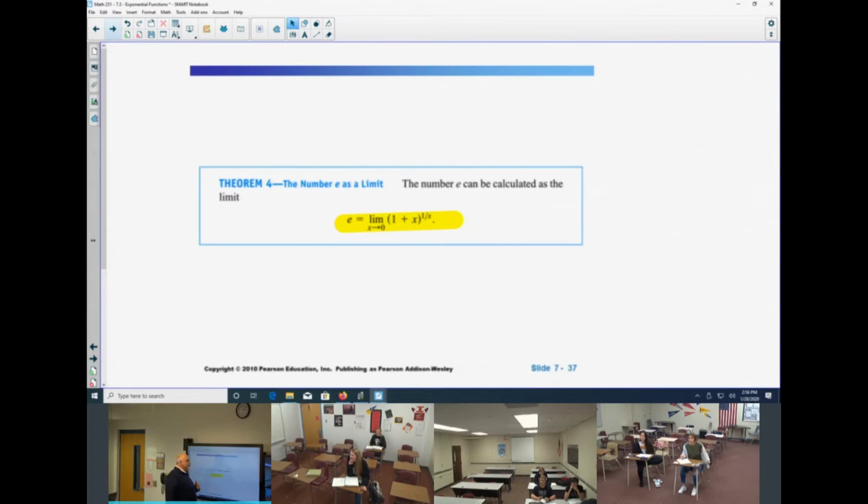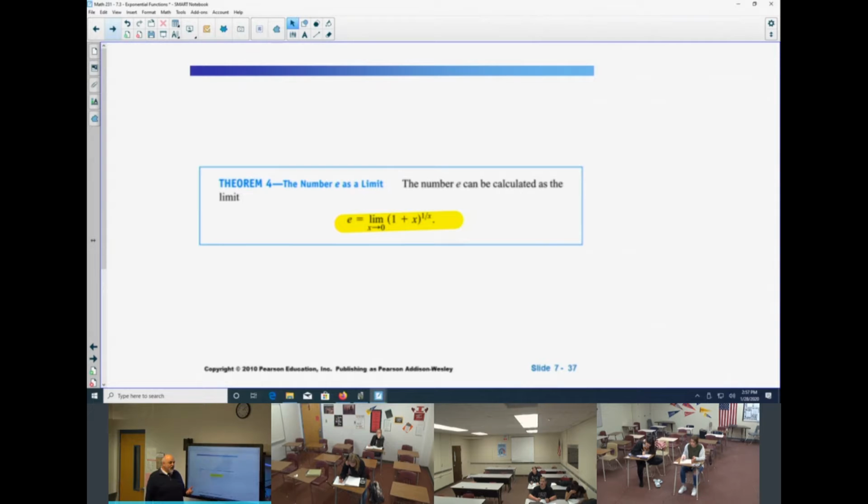All right. Now the other thing with e is we defined it as the inverse of the natural log function. There's another way that e can be defined, as a limit. This will come up again later, but you can express e as the limit as x approaches 0 of (1 plus x) to the 1 over x.